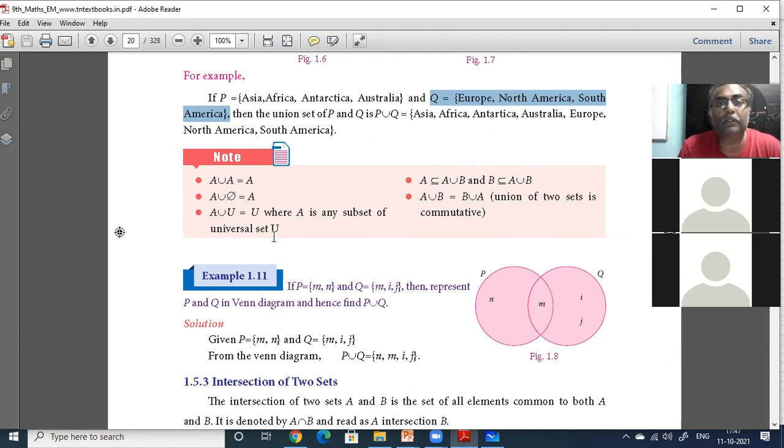Now P union Q must be either an element of P or an element of Q. So how is P union Q? Somebody tell me what P union Q is.